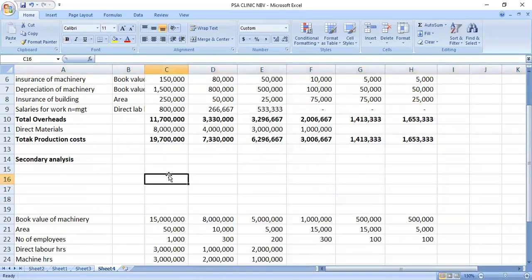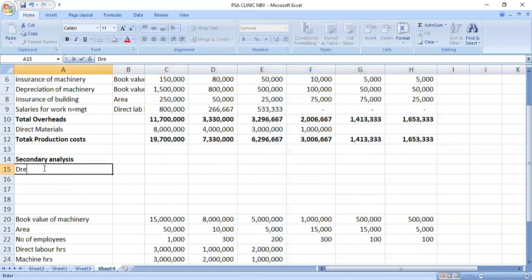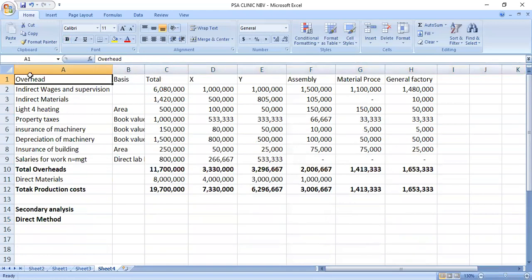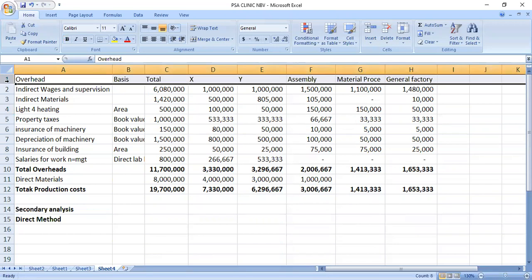Okay, so for secondary analysis, we all know what to do. But for the direct method, what we do is bring these ones here, the way they are, and you divide them or give them away. So just for purposes of being organized, let me bring this down.